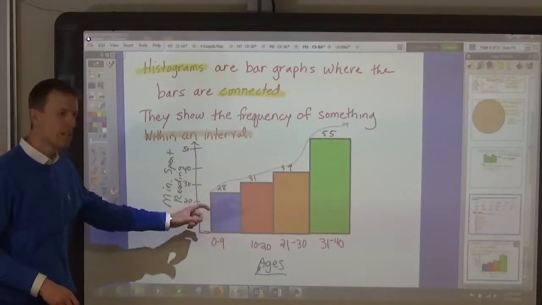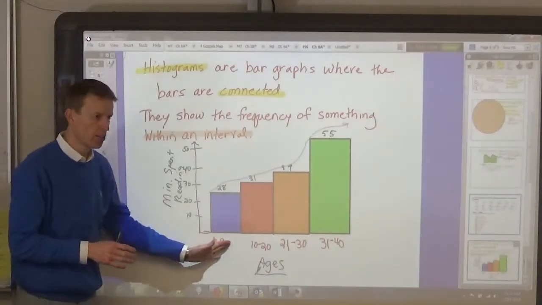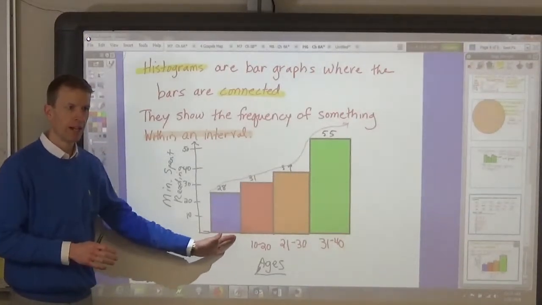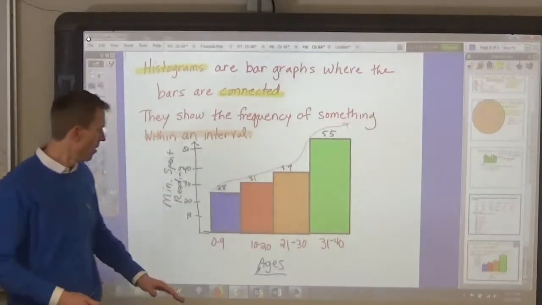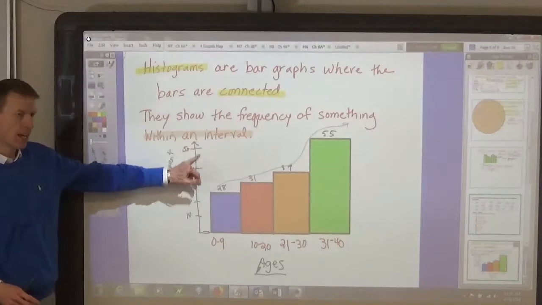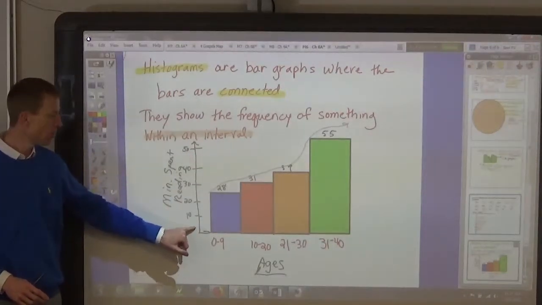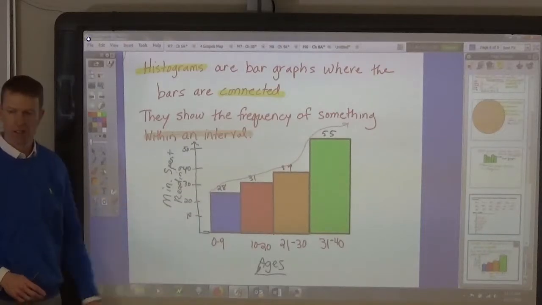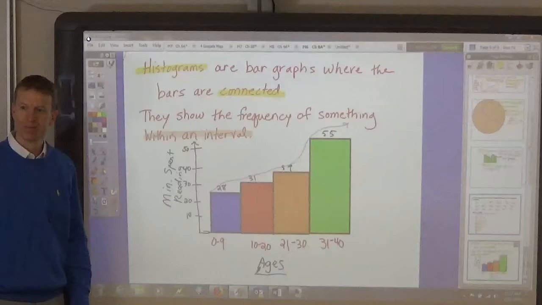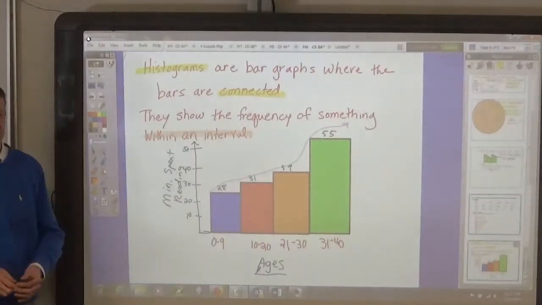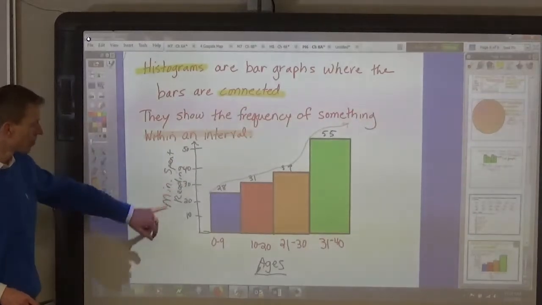Okay, an interval is the amount that the space is worth, or the amount that the bar is worth. An interval tells you how much a space is worth. So the interval on the side is, how much is each space worth? Olivia? 10 minutes, very good. In order to see that clearly, you have to label.